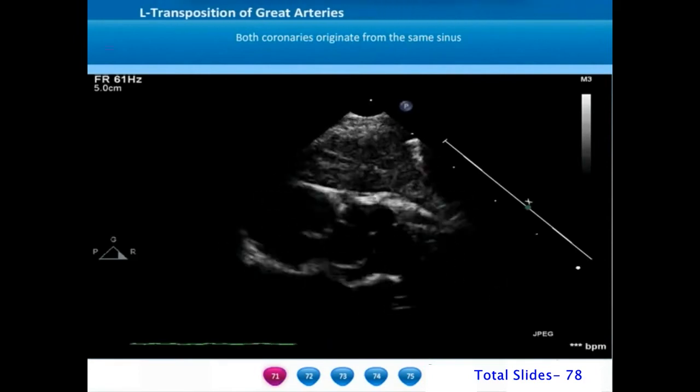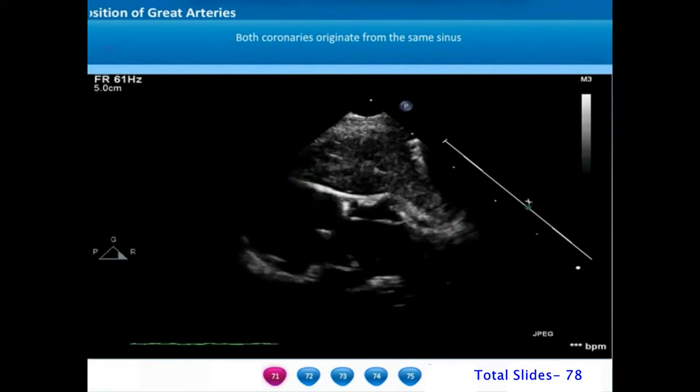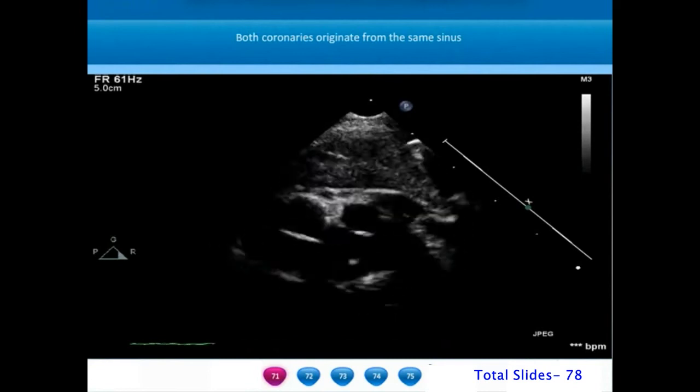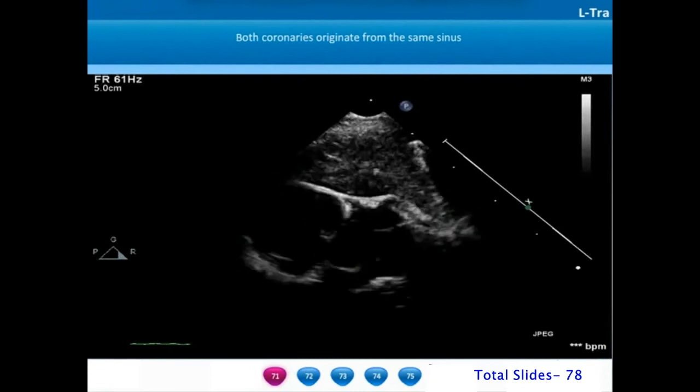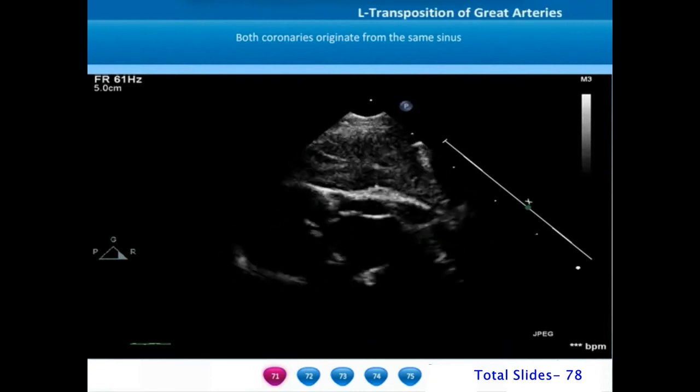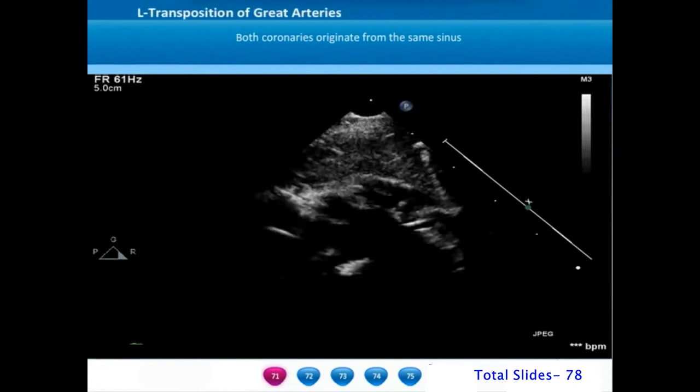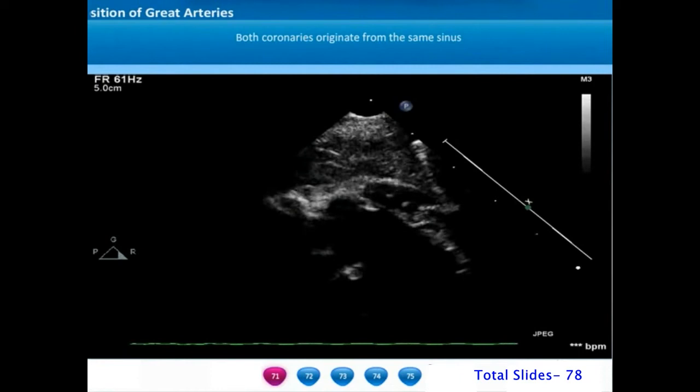In this magnified parasternal short axis view, we can notice that the aorta and pulmonary annulus are more or less side by side. The aorta is lying on the left side and the pulmonary artery on the right side. We can also notice that both the right coronary and the left coronary arteries are arising from the anterior facing sinus.